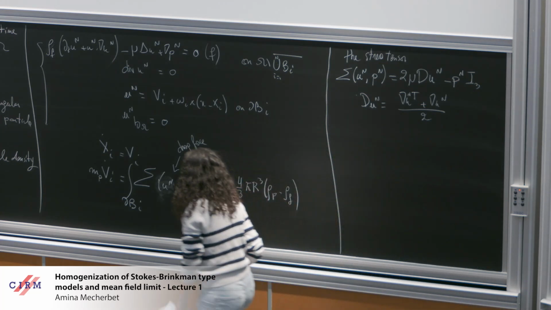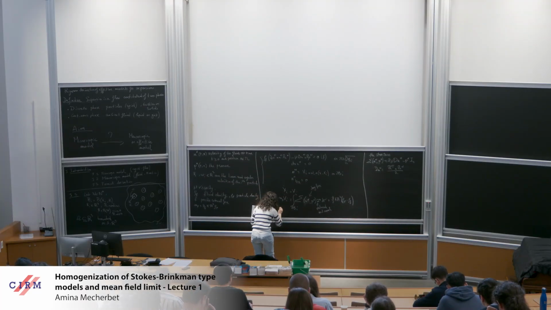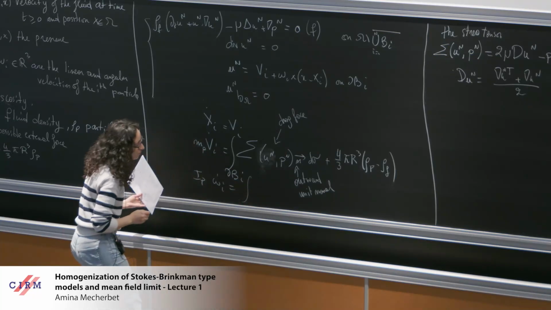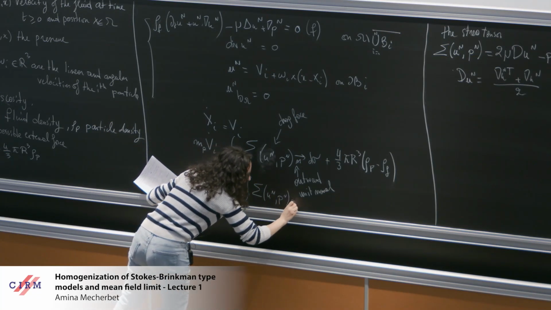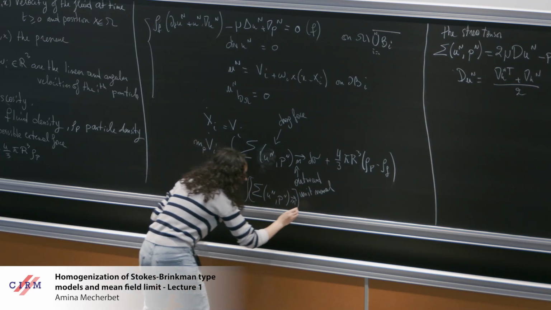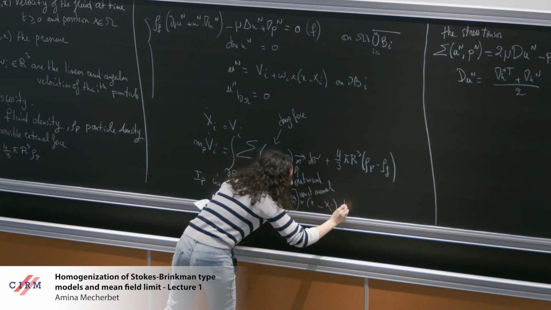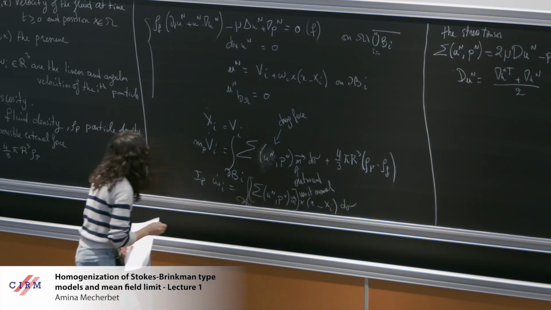And we do the same for the inertial term. So what you need here is the torque applied on the particle, which writes like this, also on the boundary of the particle.